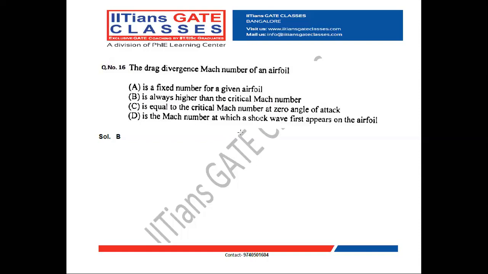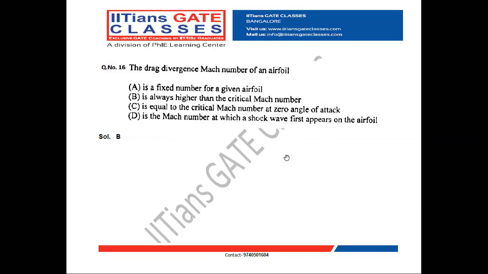First of all, we have to know what is critical Mach number, because in option B they have given about critical Mach number. Critical Mach number is a subsonic free stream Mach number about which at any point on the aerofoil it reaches Mach equal to 1.